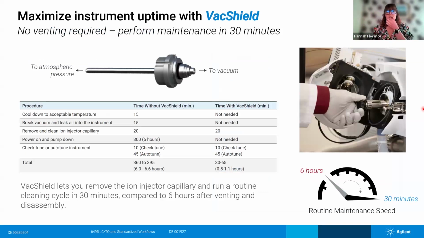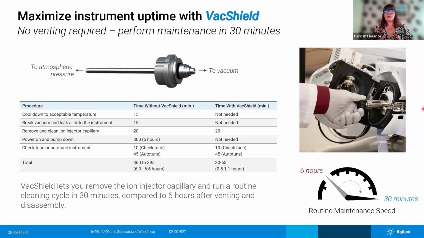One of the defining features that we have available on all our triple quads is the back shield. This was designed to maximize instrument uptime and improve the ease of maintenance by allowing the user to quickly and easily remove the ion injector capillary from routine cleaning cycles.